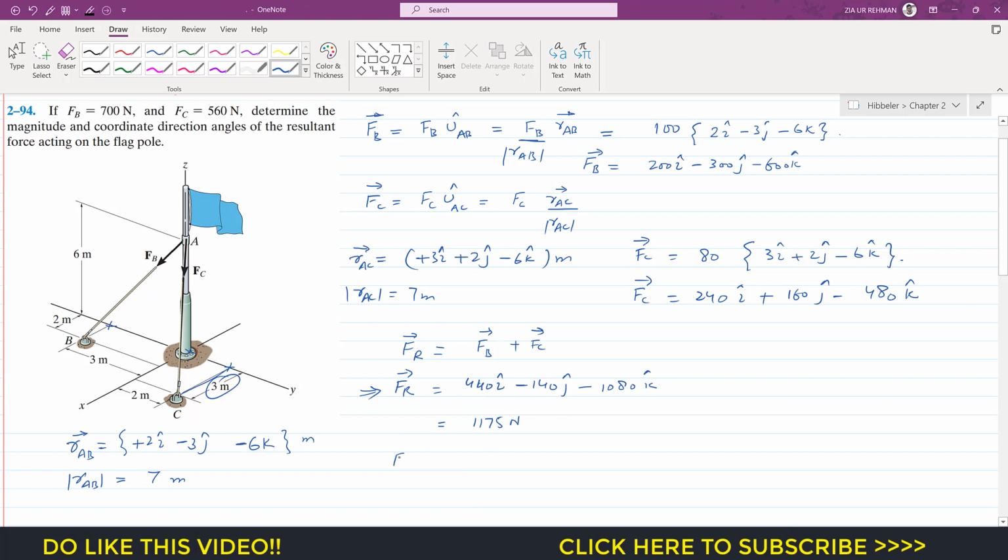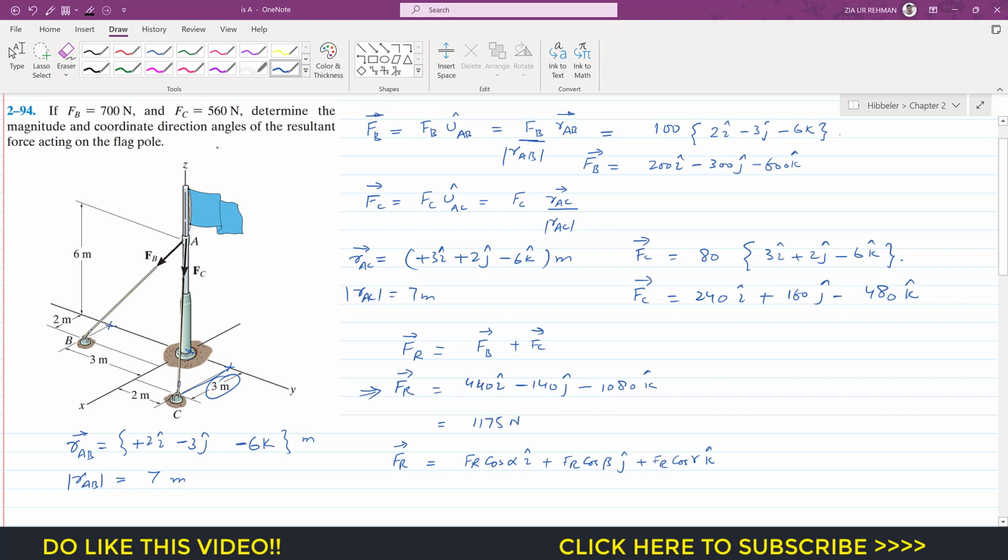Now we can write this resultant force in terms of the coordinate direction angles, right? So we can write that FR cos alpha i plus FR cos beta j plus FR cos gamma k, where FR is the magnitude, and alpha, beta and gamma are the angles of the resultant with the positive x, y and z axes respectively. So now we need to compare the components, right?